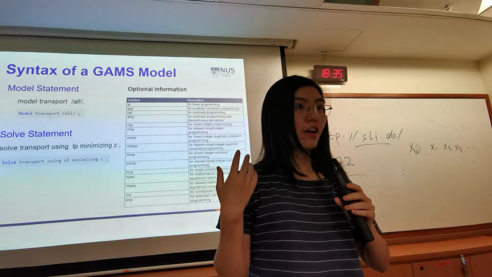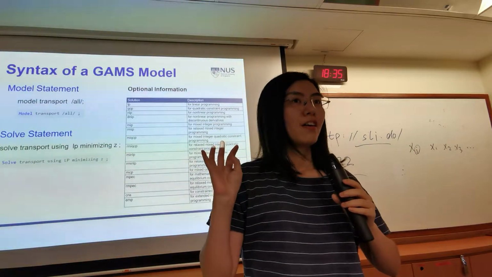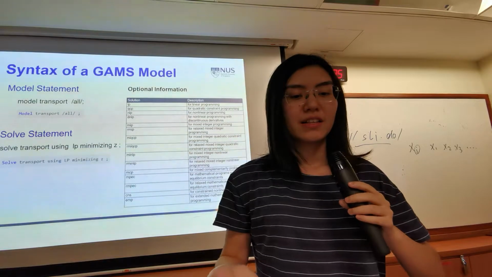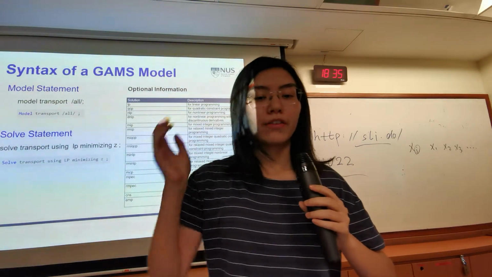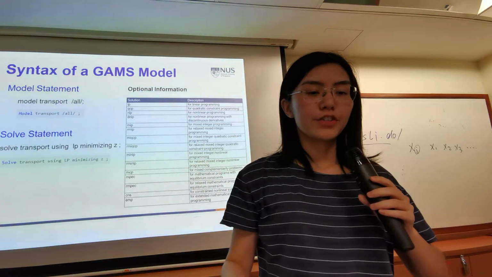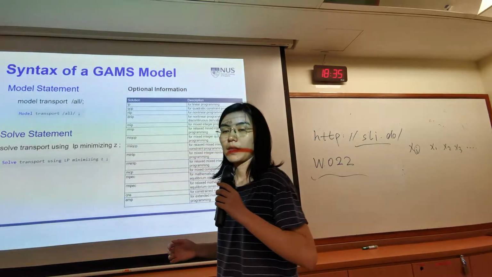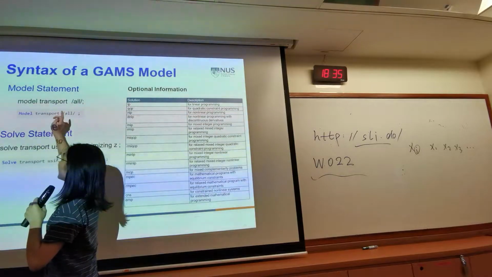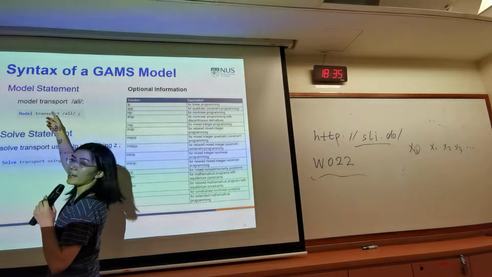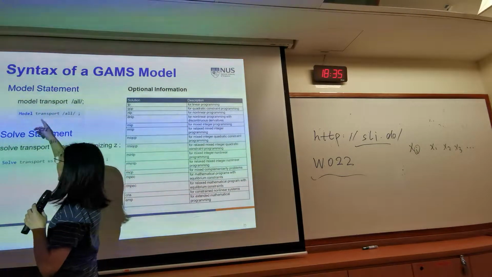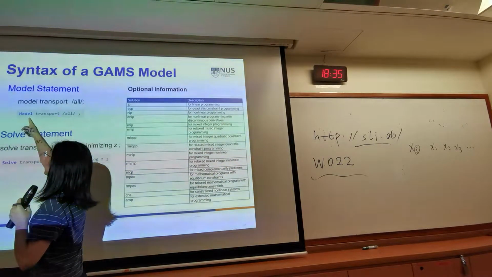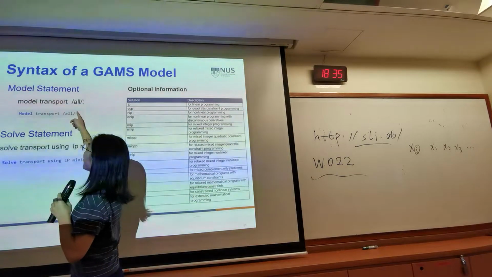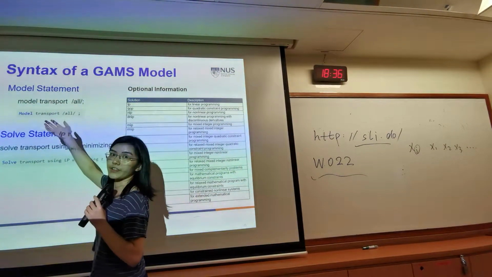After the definition of sets, parameters, variables, and equations, we can set up the overall model and solve the problem. In this page, this model statement means you can define whatever name you want. This line means model the transport problem, including all the equations you defined.